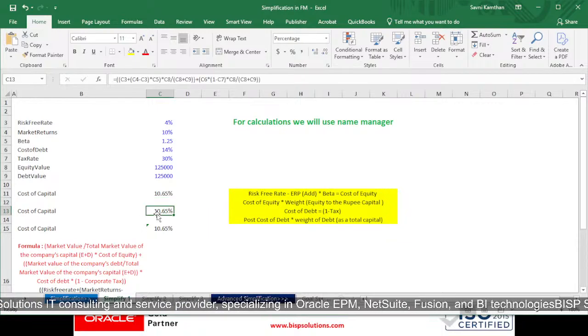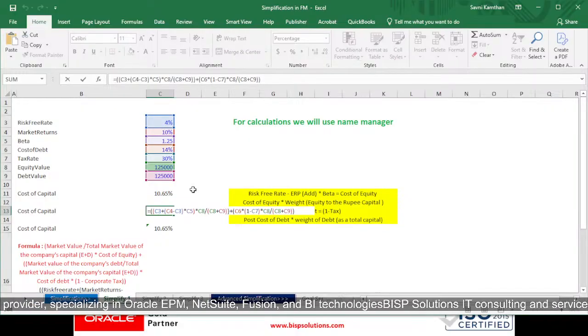The second way of calculating cost of capital is through cell referencing, as we have done over here: risk-free rate minus ERP into beta equals cost of equity, then cost of equity into weight, which is equity to the total capital.